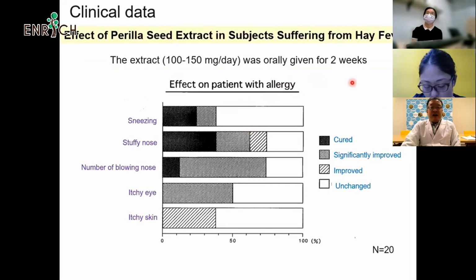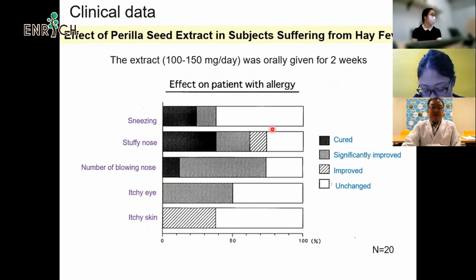We have conducted another clinical trial using the subjects with hay fever. In this study, we gave 100 to 150 milligrams of pear seed extract for 2 weeks and evaluated the hay fever symptom scores.